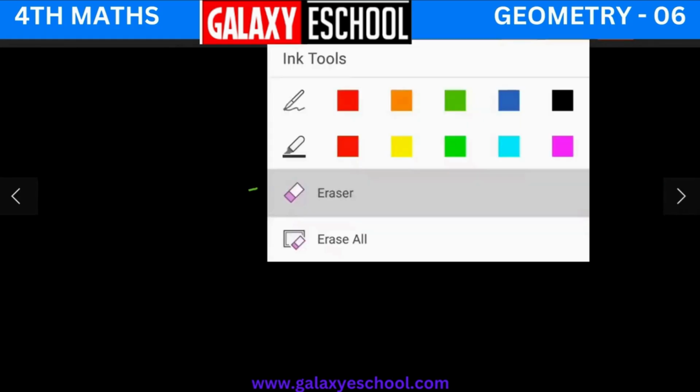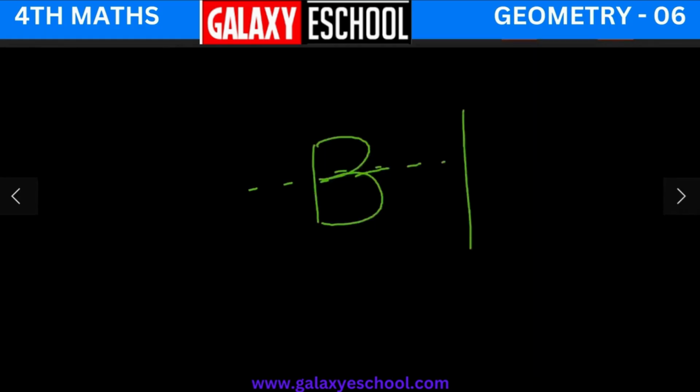Now when it comes to reflection or the mirror image, that means we have to draw what we see in the mirror. How can we see in the mirror? If you keep the mirror here, you can see that the direction is changed. Here it would be like this, right? It would be like this.